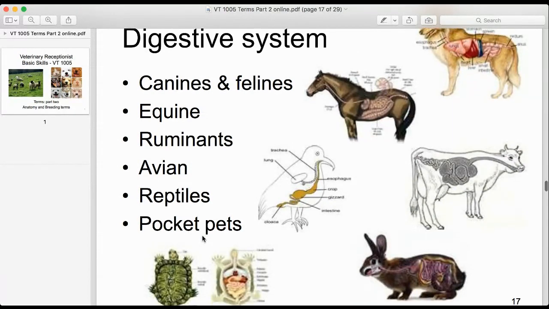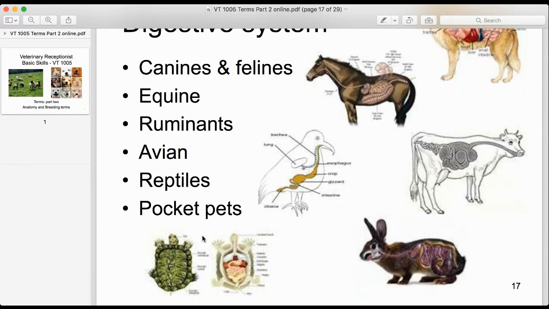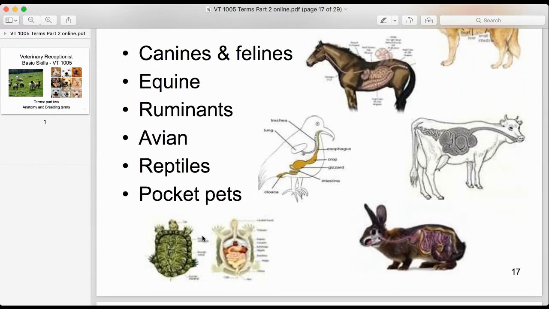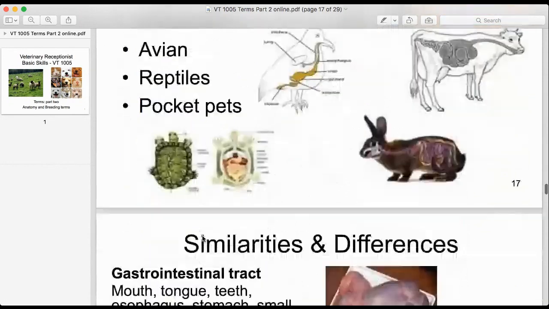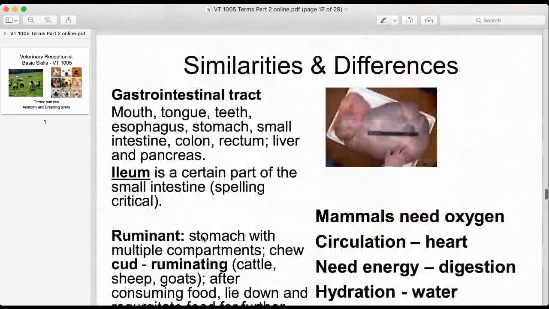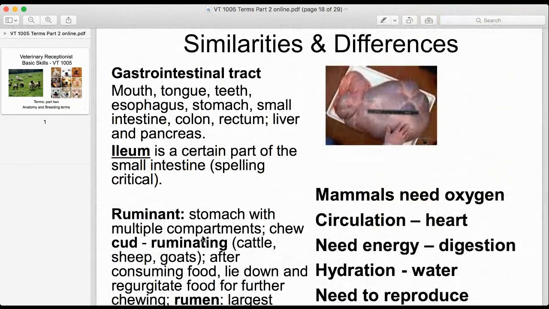And then reptiles are even different. And notice the difference of the depiction here between a cow and a bird. So we will be looking at those a little deeper next week. So there are similarities and differences in our digestive tract.